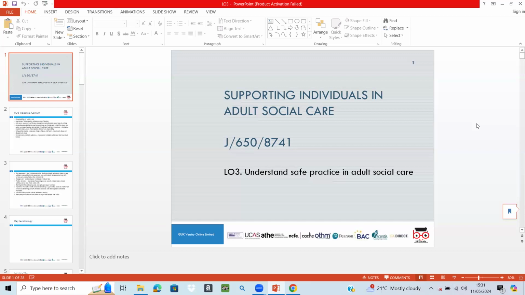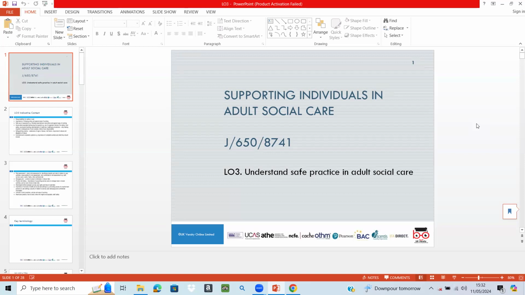It's our duty to ensure safe and effective practices, which is really important in supporting individual well-being and maintaining a high standard of care. We have discussed some important considerations for understanding safe practices previously, for example risk assessment.